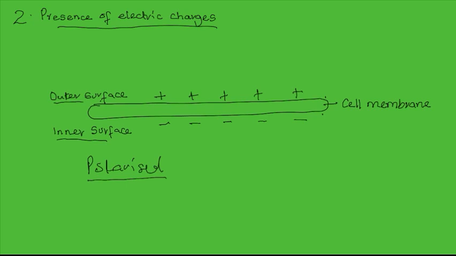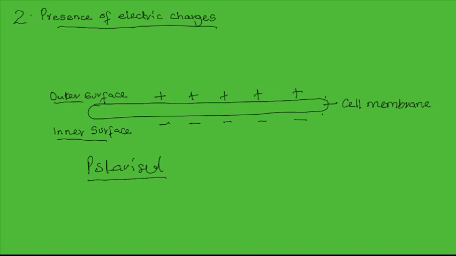Now, the presence of these charges determines which substances will move in or out, and also at what rate. Charged particles would move faster across the cell membrane than neutral non-charged particles.